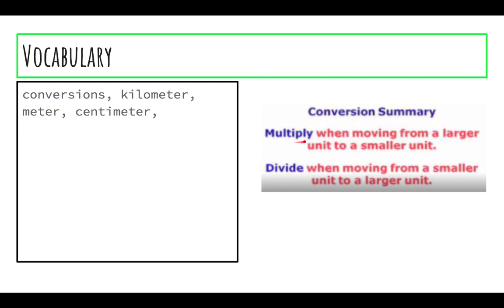However, you divide when your units are moving from a smaller unit to a larger unit. Let me give you an example. If I'm moving from kiloliters to liters, in that case I would have to multiply. But if I'm moving from liters to kiloliters, then I would have to divide. Okay?